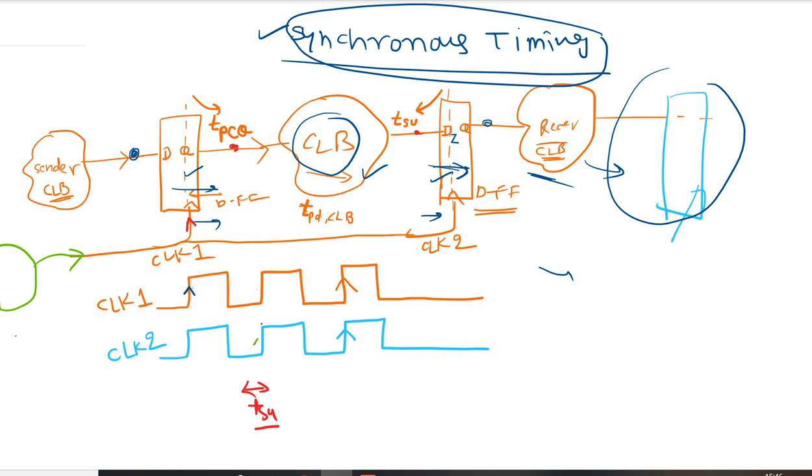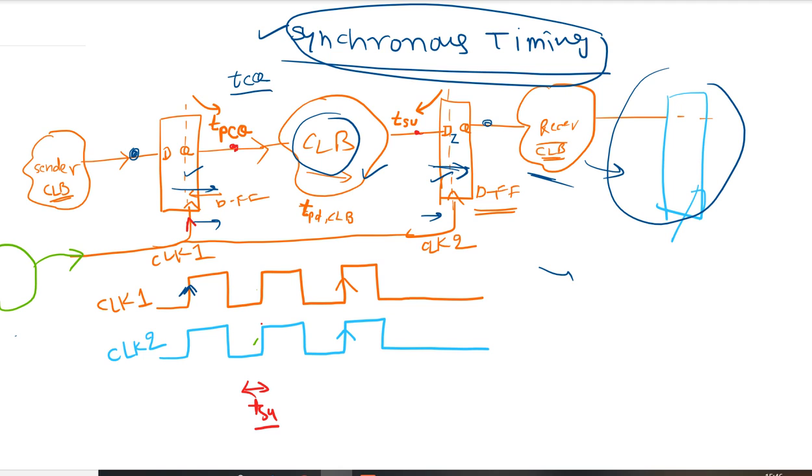Now let's say the data has come at this point. When the rising edge comes for clock 1, this data would be sampled and this D flip-flop would take some clock-to-Q delay. We call it TCQ. But here we are concerned about the worst case analysis.